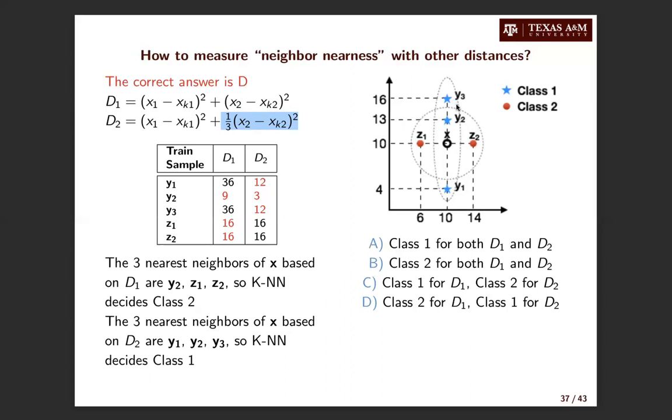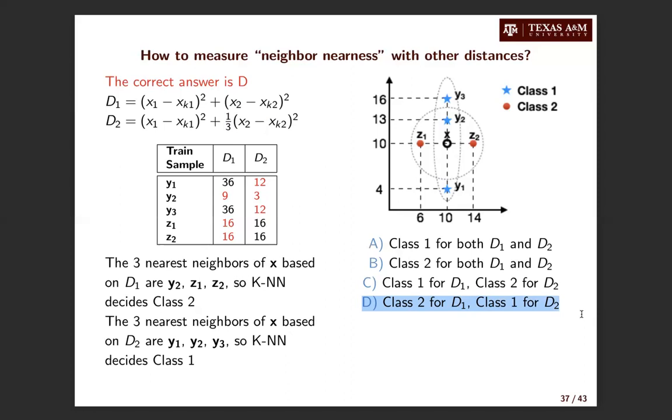If we do that, we would find that samples Y1, Y2, and Y3 would be the first 3 that go inside that ellipse. All of these samples belong to class 1. Therefore, test sample X would be classified as class 1 according to distance D2. Therefore, the right answer in this multiple choice question is answer D.